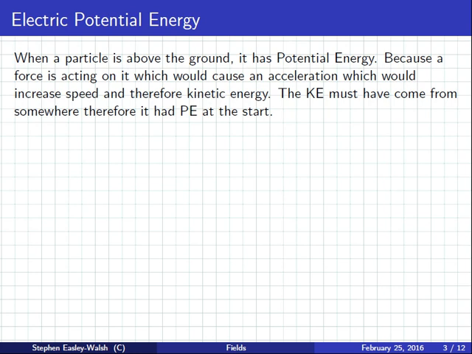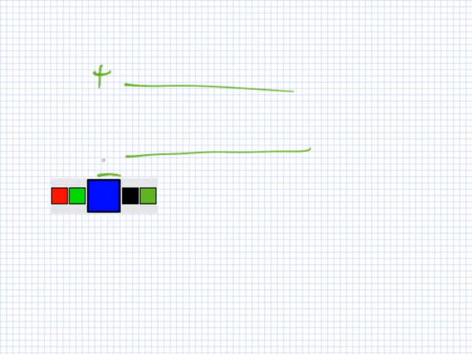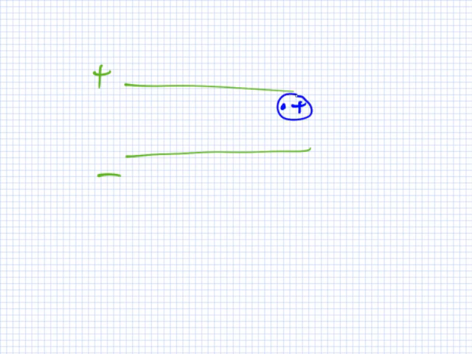Make sense? Yeah. When a charged particle is between two plates, so if this is a positive and this is a negative, and I stick a positive here, and it's not moving, what will happen to it? It will move. So here it has kinetic energy, but here it did not have kinetic energy, right?